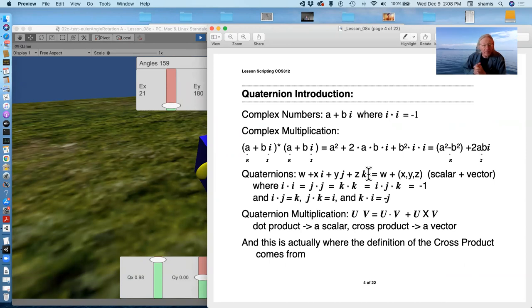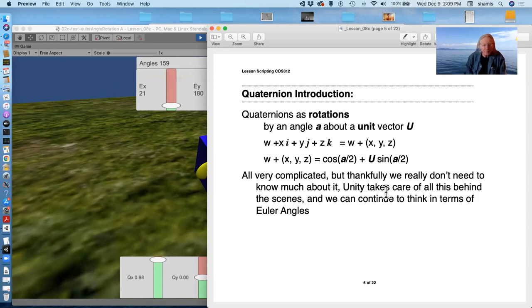And you might be familiar with the use of the ijk unit vectors in Cartesian space, and that's where they come from. They come from quaternions. In addition, the definition of the cross product comes out of this quaternion multiplication. So that's where all of the machinery that we're familiar with comes from.